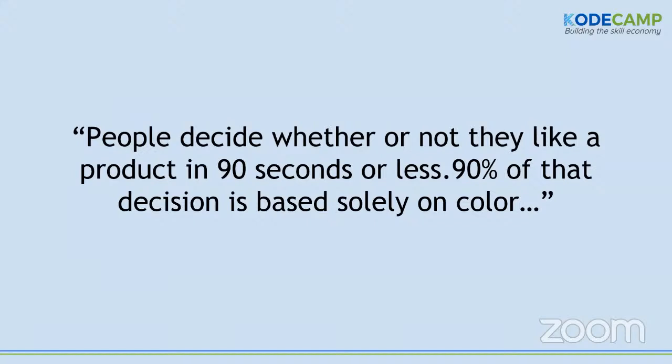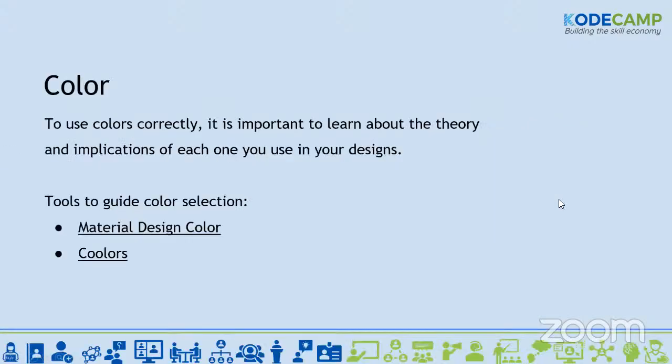If I'm going over it and then I'm seeing funny colors like a yellow background and green buttons, it doesn't really make sense to me. 90% of the decisions that our users or customers make is based on color. So this is why we have to take this color theory thing very, very seriously. So like I said earlier, a very important part of your branding must focus on color. You have to take note of your colors because a lot of you guys have this color issue and we need to fix it.